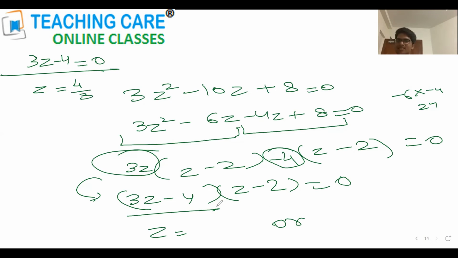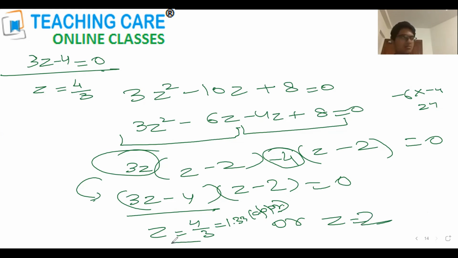You can simply write it as 4 by 3 for now, or 1.333 approximately. And another value of z is 2. Got it. You can leave it in fraction or write it in decimal, that is your choice, but both of them are correct, okay?